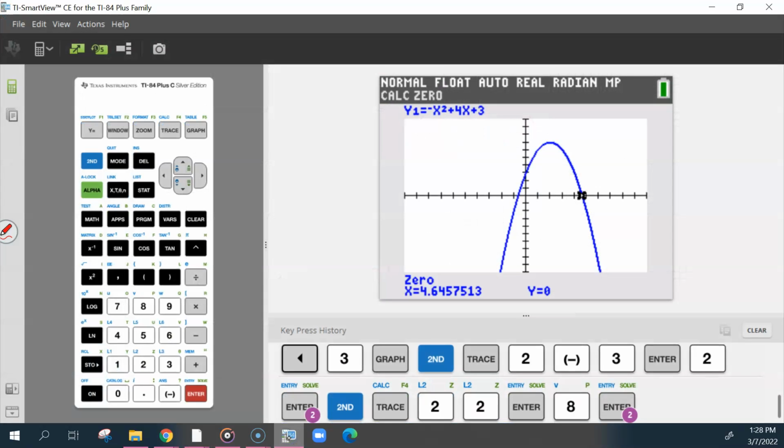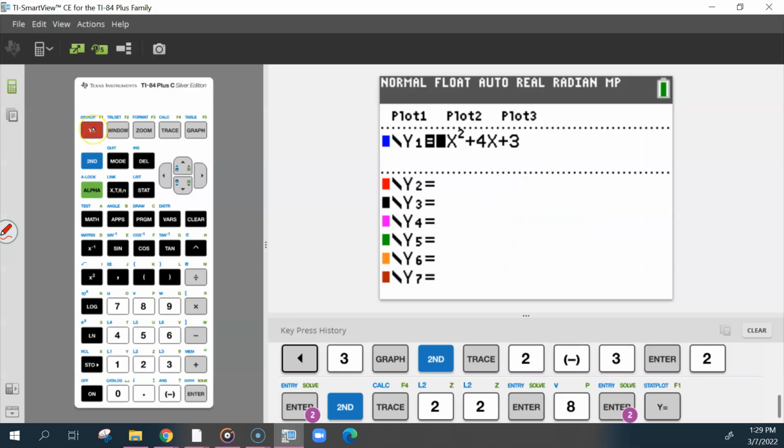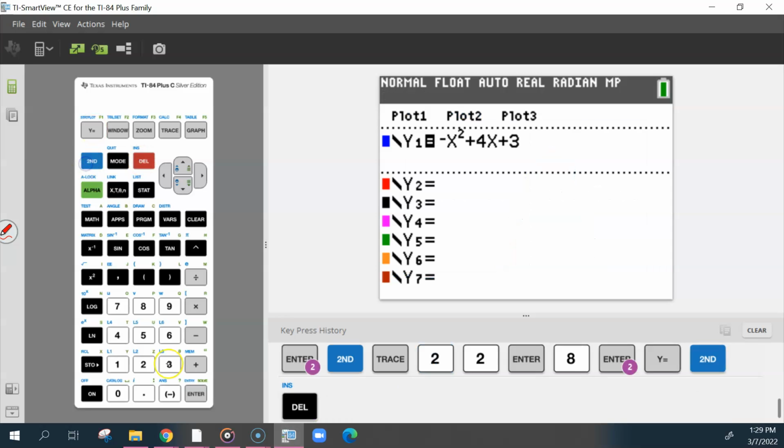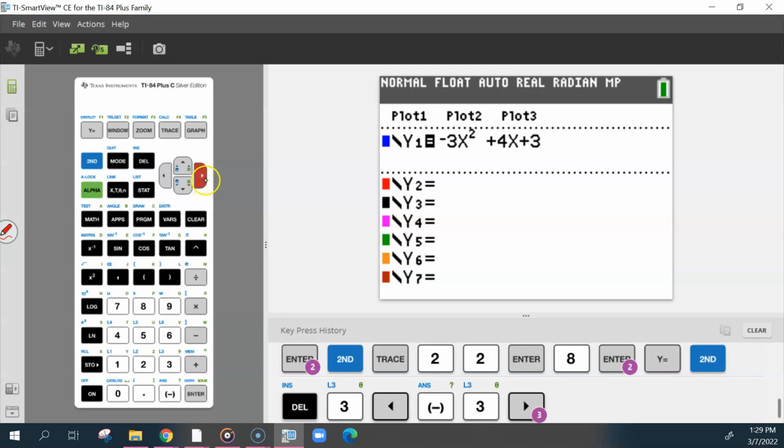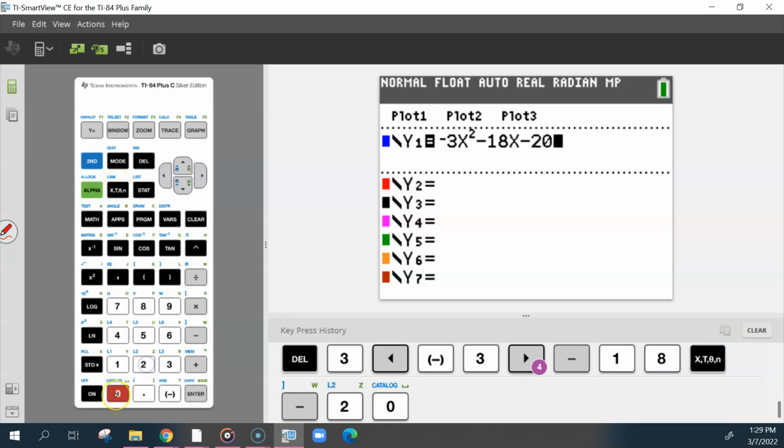We're going to put this in, and then I'm going to give you something else so you can practice. So in my y equals, this would be negative 3x squared minus 18x minus 20.